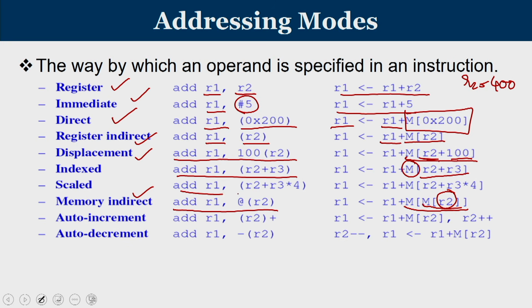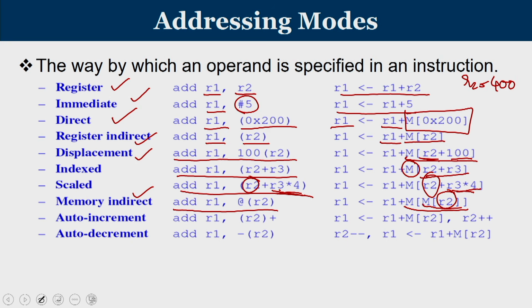And then you have scaled addressing mode. So, R3 is multiplied with 4 and then you add it with another register. So, effectively in this case R3 is acting as the index, content of R3 into 4, and then there is a base of R2.